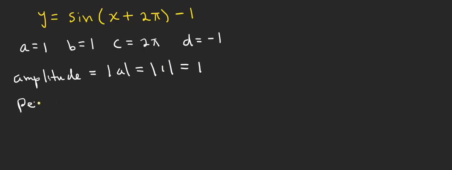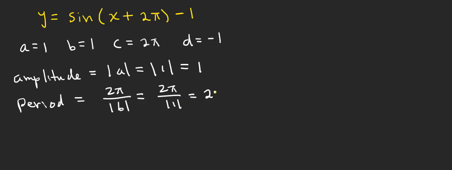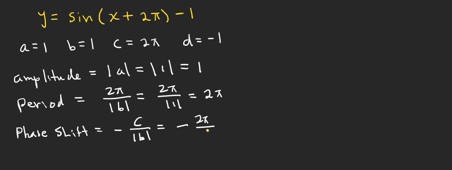What about period? Period is 2 pi over the absolute value of B. In this case, it's going to be 2 pi over the absolute value of 1, which is 2 pi. What about phase shift? That's going to be negative C over the absolute value of B, which is negative 2 pi over the absolute value of 1, which is negative 2 pi.